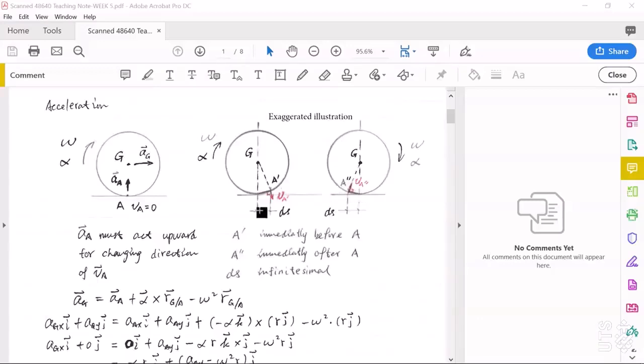Okay, now ds is actually very, very small, infinitesimal. And in this diagram, the distance of ds is exaggerated.